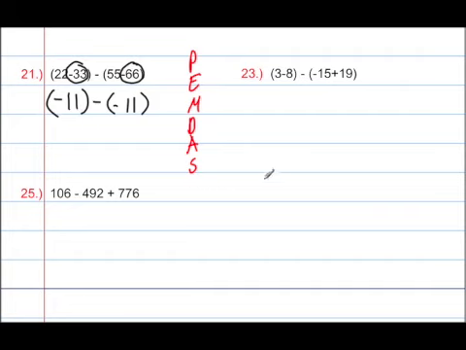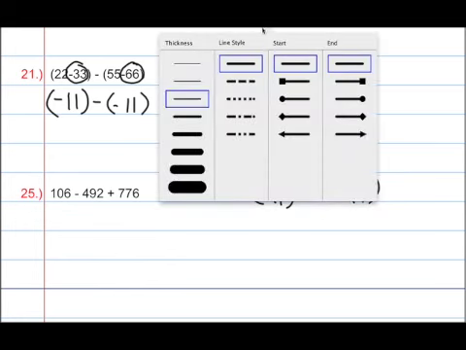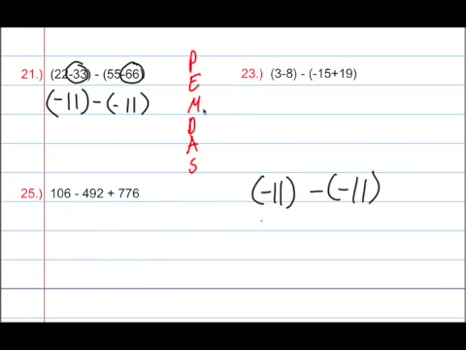This is where it gets tricky. So let me put this to the side. Minus negative 11. So we have the rule: keep, change, change. So this one right here becomes 11.